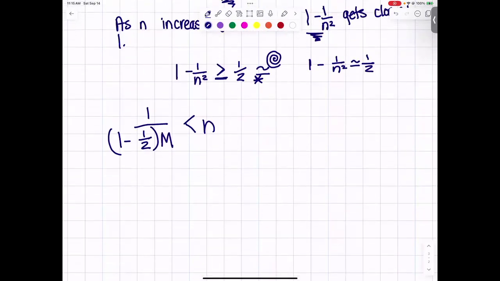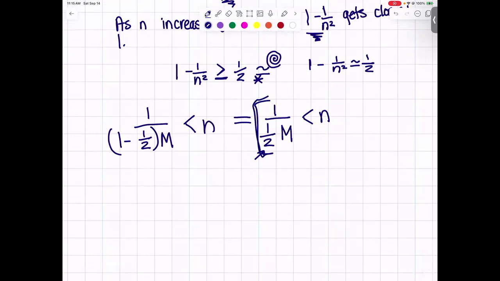And then that's the same as this here. 1 minus 1/2 m, which is less than n. And when you do all the same denominator business that we need to get going on over here, so we multiply both sides by m, and we do our cross multiplication, and we get this whole term sorted out properly. I'm not going to do all of those. What we end up seeing is basically we end up just flipping it. So it looks like this.